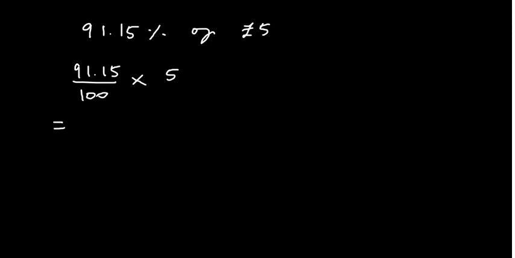This time we would have to multiply by 100 to get rid of the decimal point, because we need to move it twice to the right. So we just multiply both numbers by 100, so that would be 9,115 over 10,000 times 5.